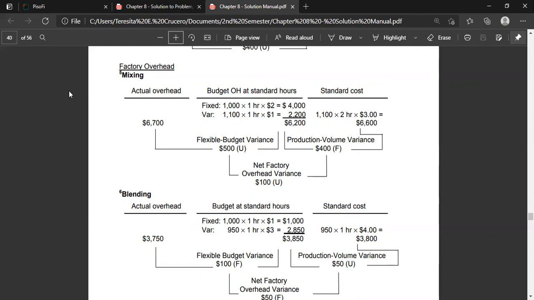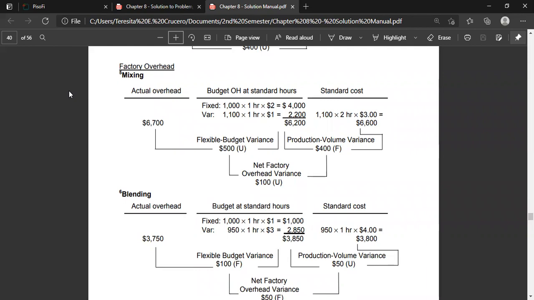Then for the budget overhead at standard hours, we now get 6,200, and we compare that with the actual of 6,700. So we get a flexible budget variance equal to the amount of 500.